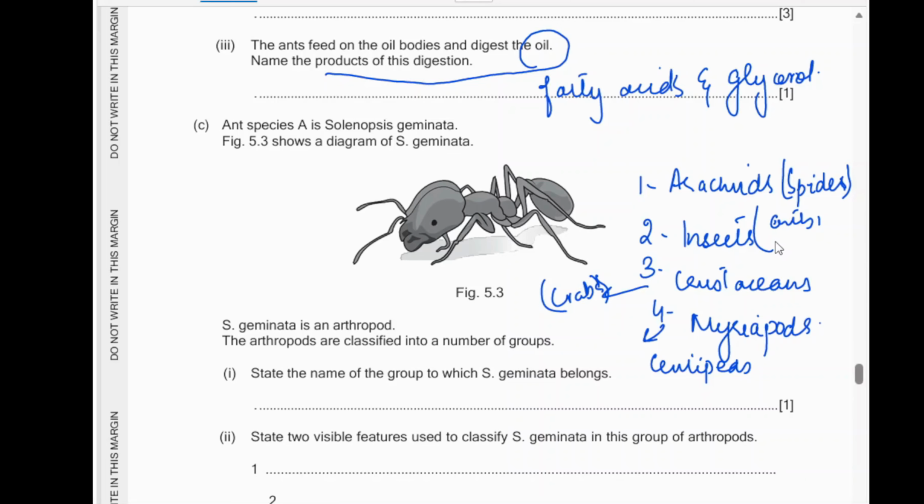What else can be there? Butterflies, houseflies. Yes, it's written ant species, so this one is an insect.